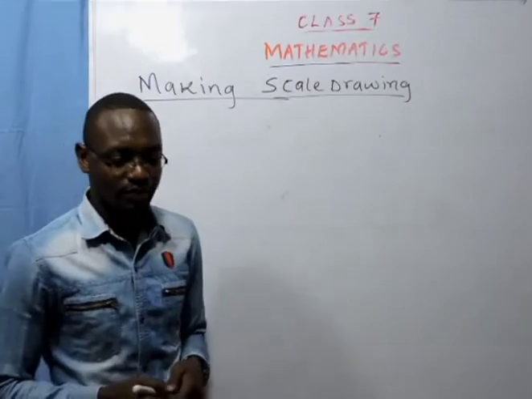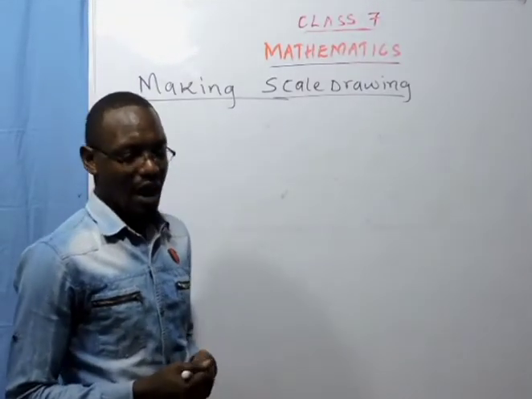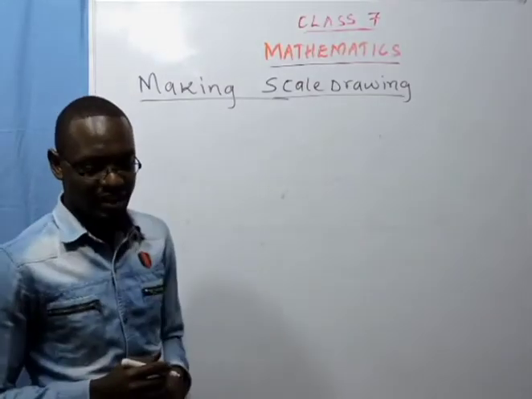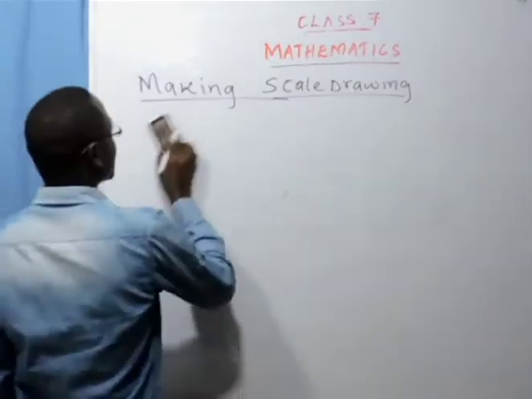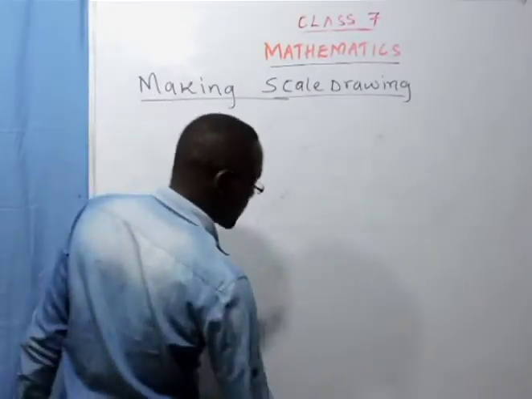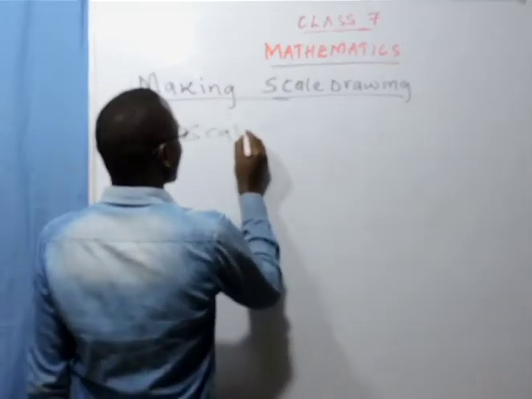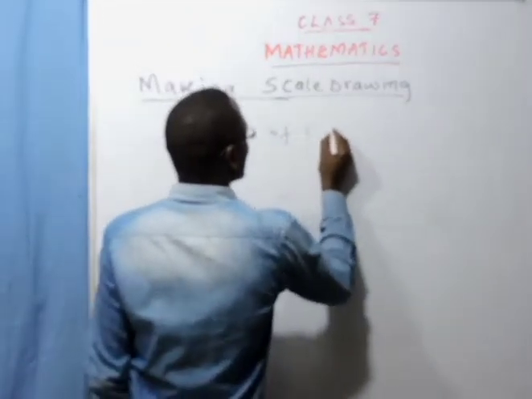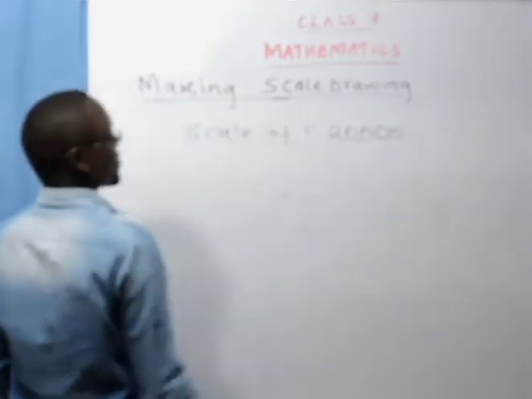For example, a map is drawn to a scale of 1 is to 20,000. That is the scale of the map.